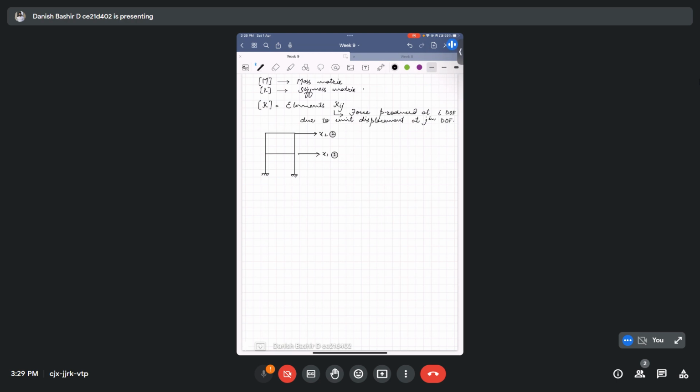Taking this, the column system is like this again. This is degree of freedom 1, and we are giving a unit displacement, x1 is equal to 1, here. We will see that these columns will be displaced like this.